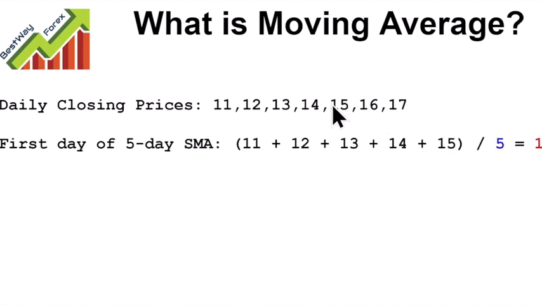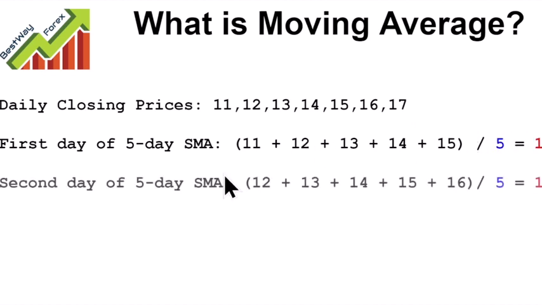Then 13 goes here, and you see that we will not have any SMA before this. That is because there is not enough data to make an average, but from here upward it will be counting for every price. For every new price we will have one point of the moving average.